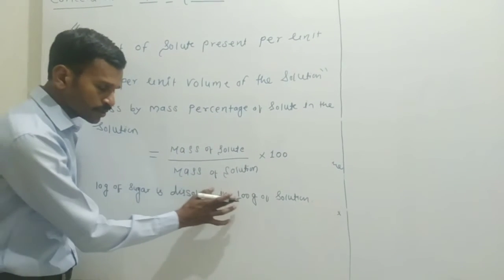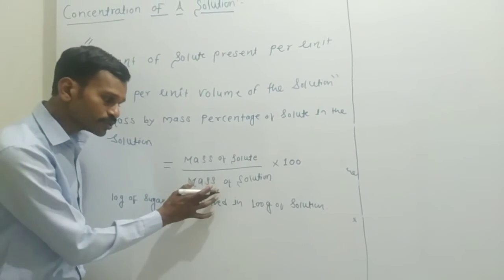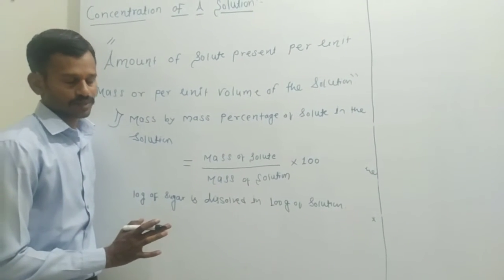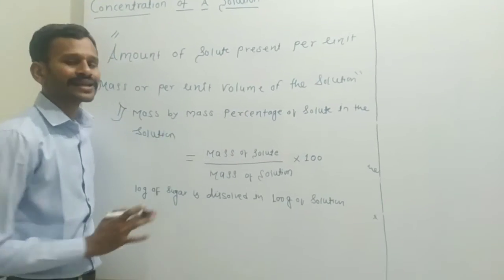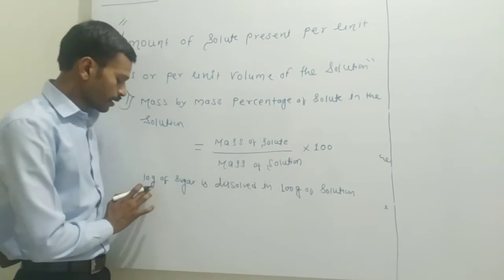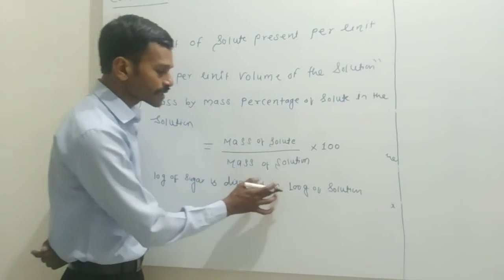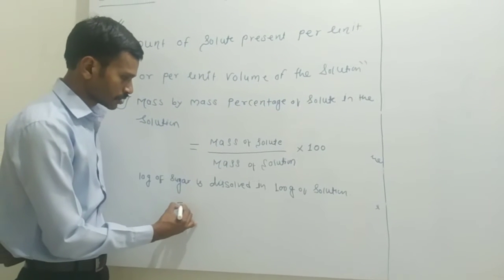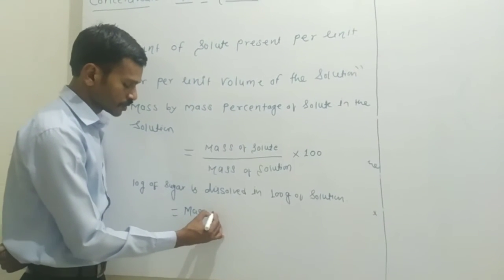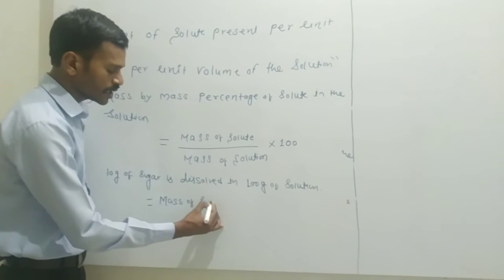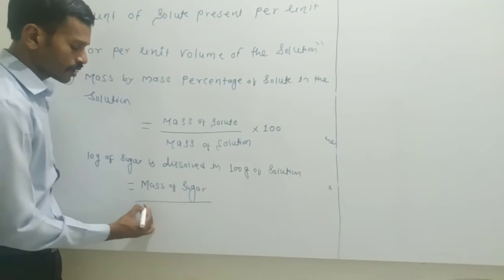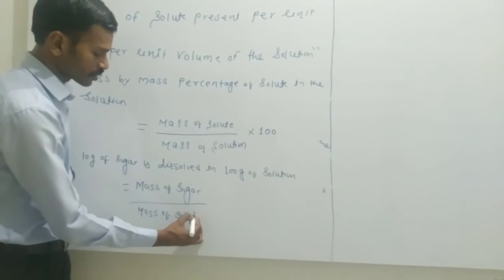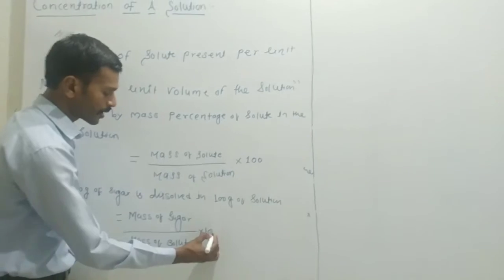Why is gram given? Because the solution is always given in grams, not liters. Liters we use in the case of volume. So 10 grams of sugar is dissolved in 100 grams of the solution, and we have to find the percentage: mass of solute, here sugar, divided by mass of solution, into 100.